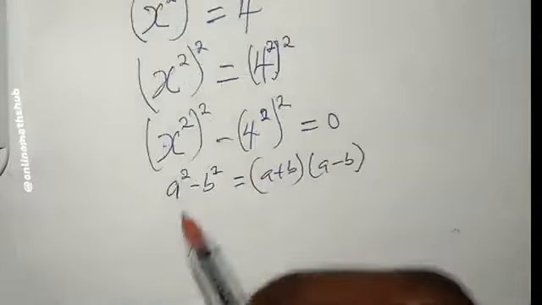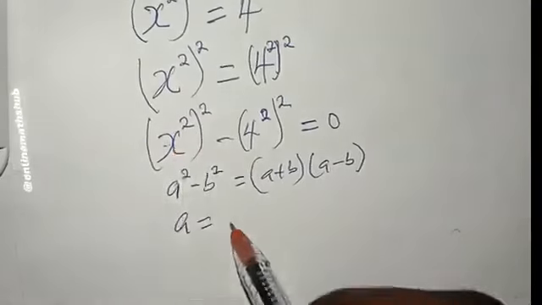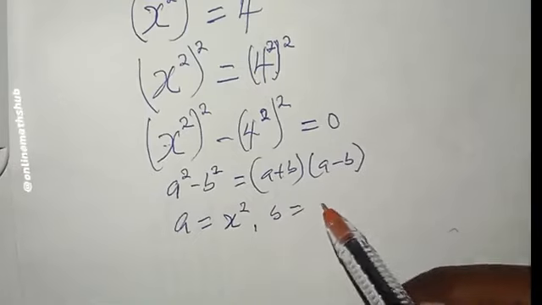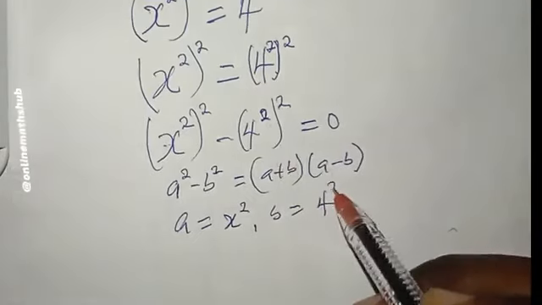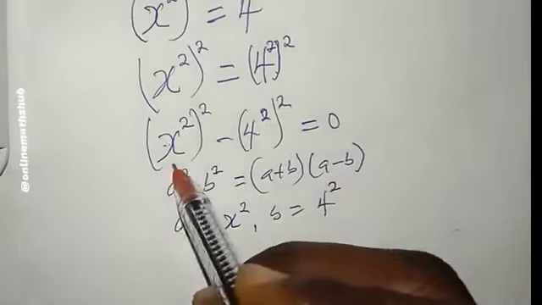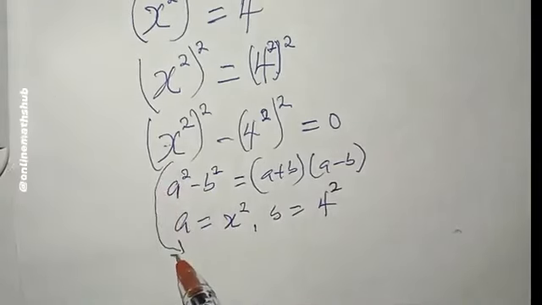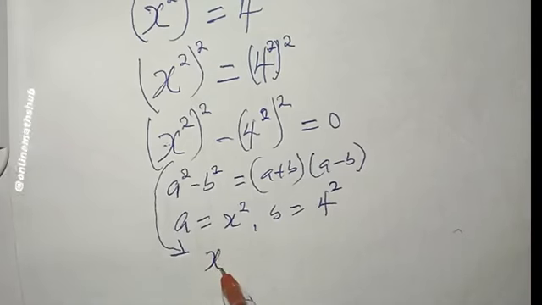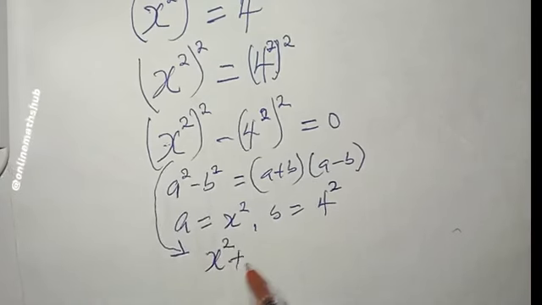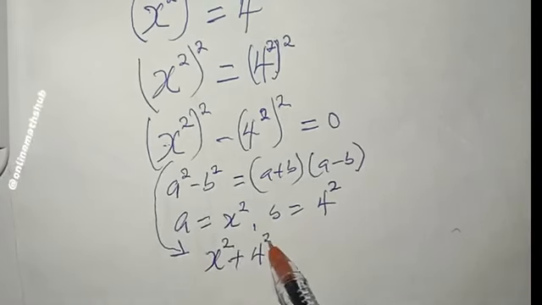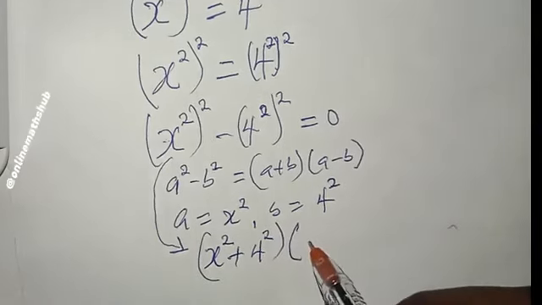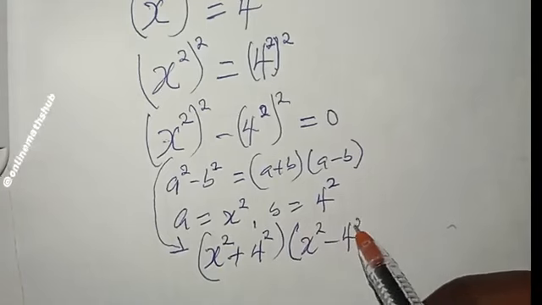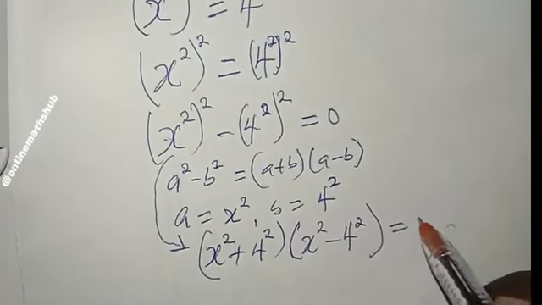So in this case our a is equal to x power 2, and our b is equal to 4 power 2. So I can expand that as x power 2 plus 4 power 2, multiplied by x power 2 minus 4 power 2, because this is equal to 0.